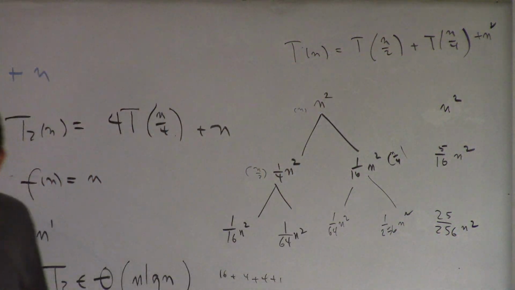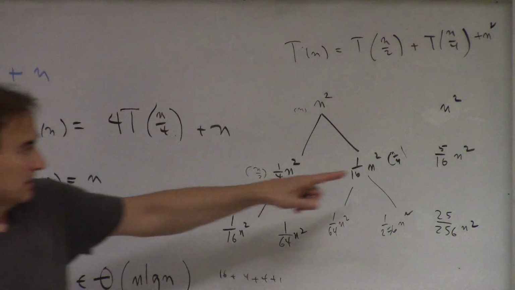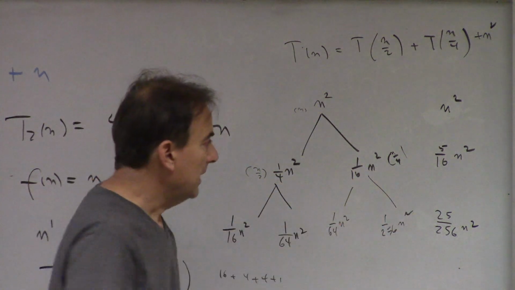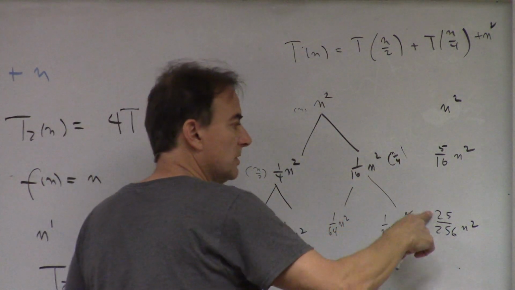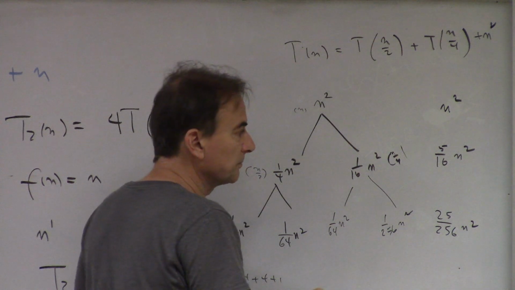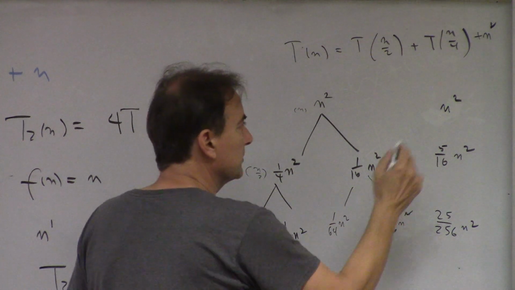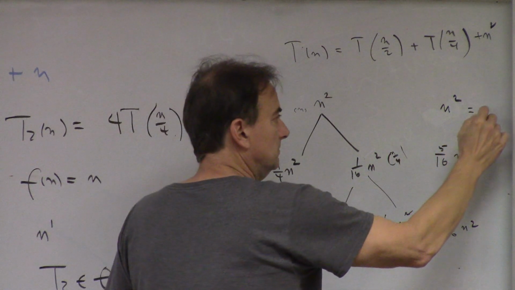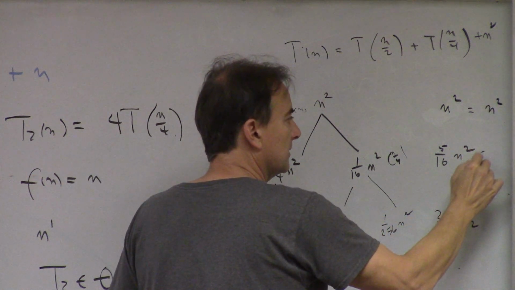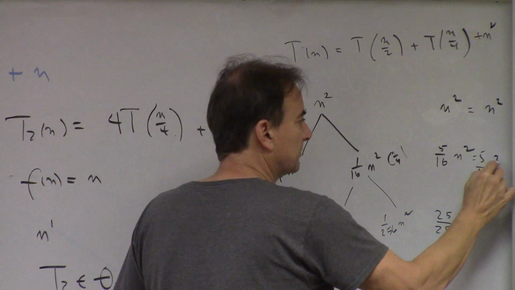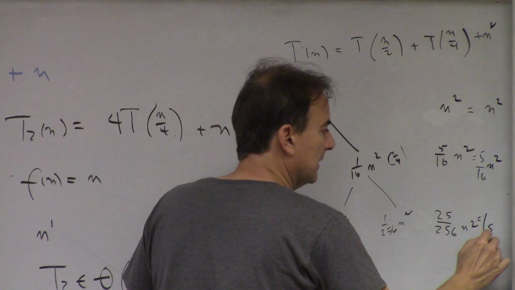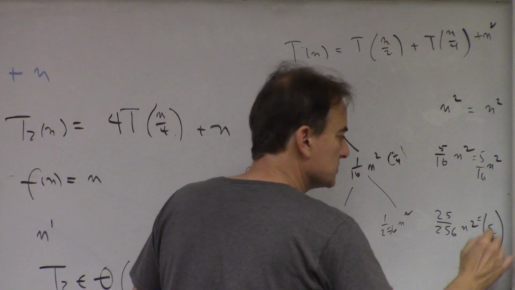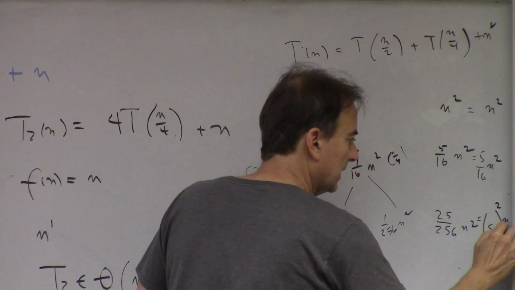And now we try to see the pattern. And there is the pattern right here. If you take 5 over 16 and square it, you get 25 over 256. So it looks like the pattern is going to be basically n squared, and then 5/16 n squared, and then 5/16 squared n squared.